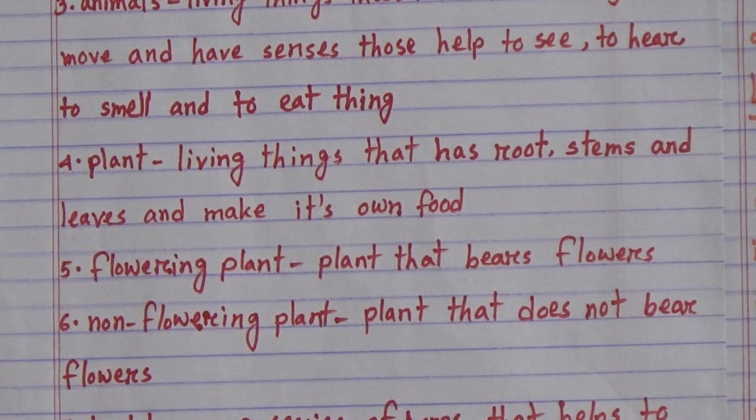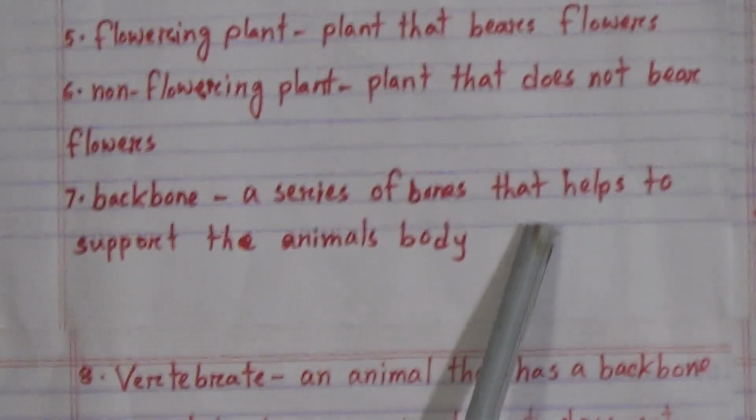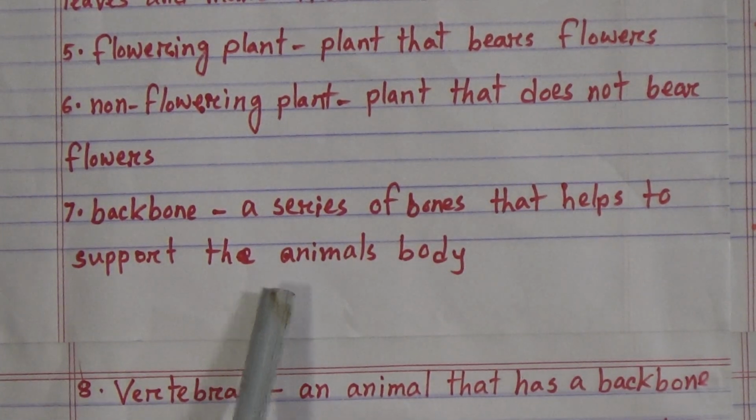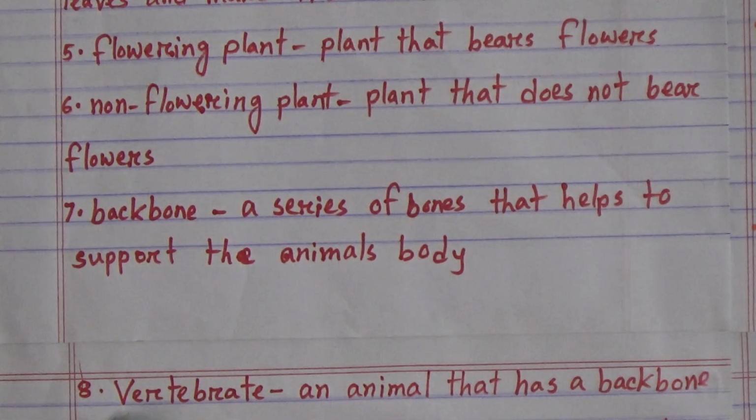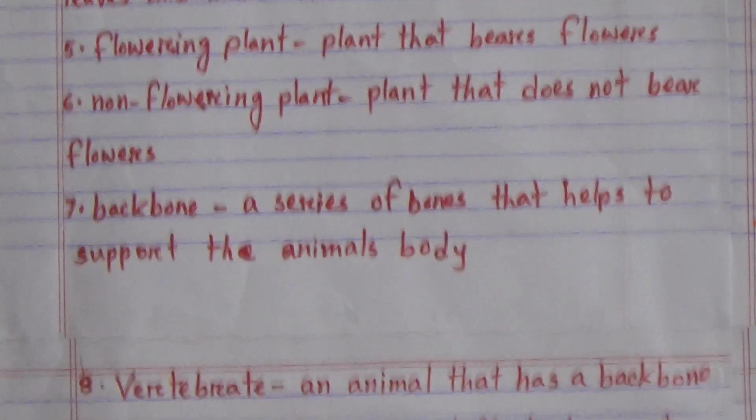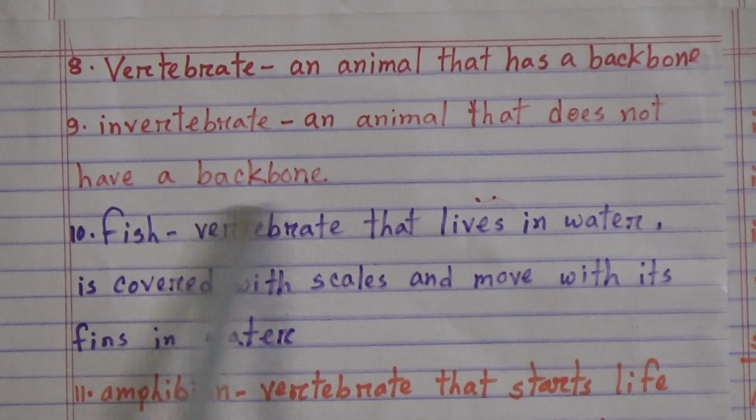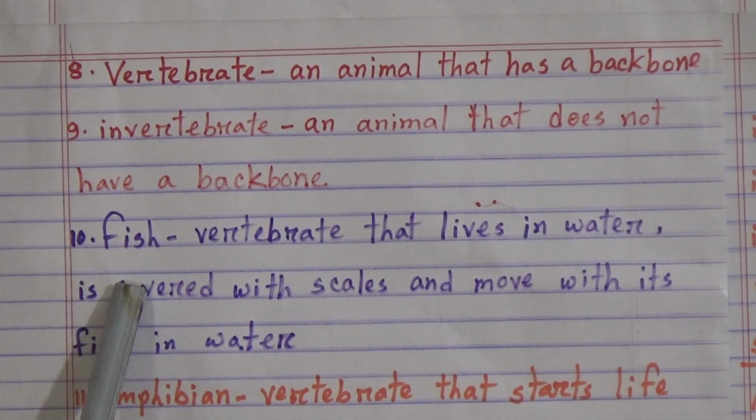Number 7, backbone. A series of bones that helps to support the animal's body. Number 8, vertebrate. An animal that has a backbone. Number 9, invertebrate. The meaning of invertebrate is an animal that does not have a backbone. Number 10, fish.